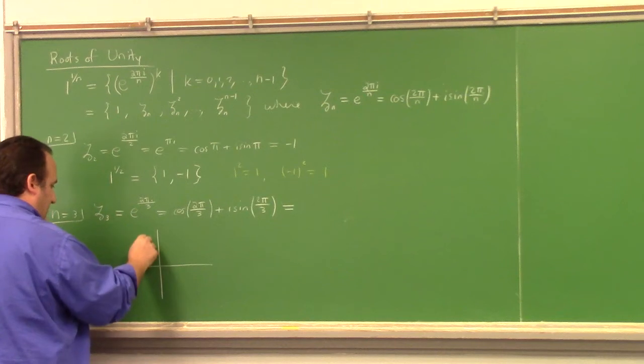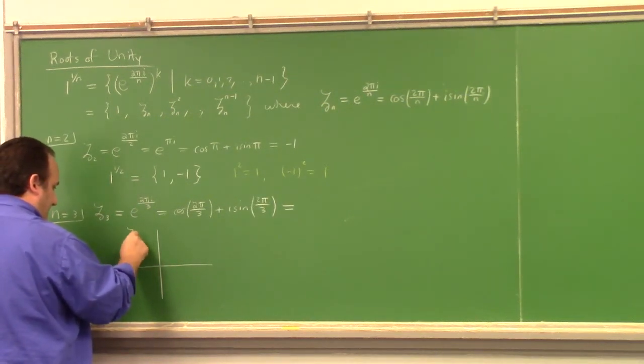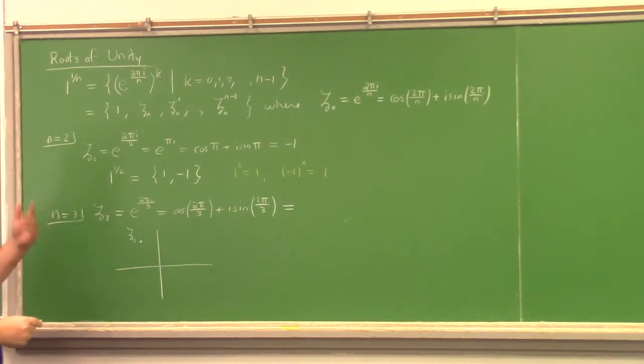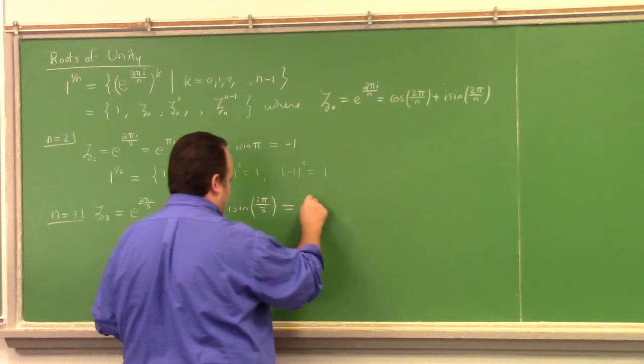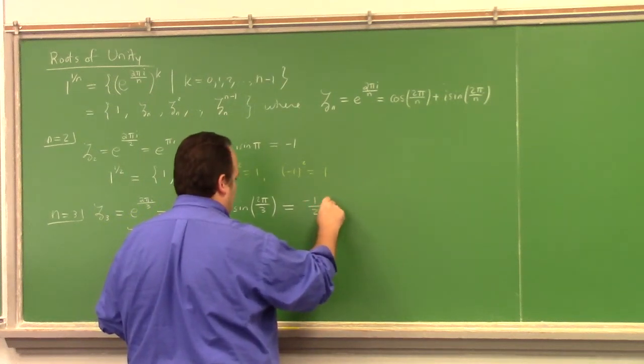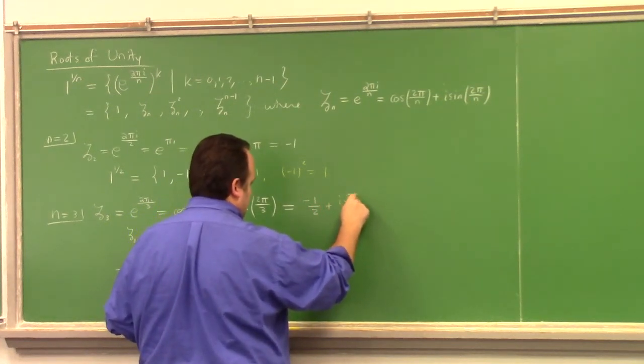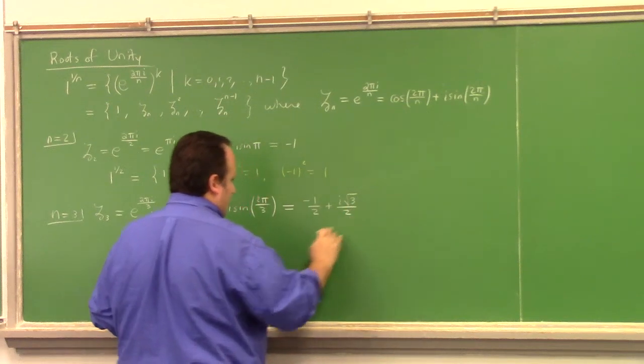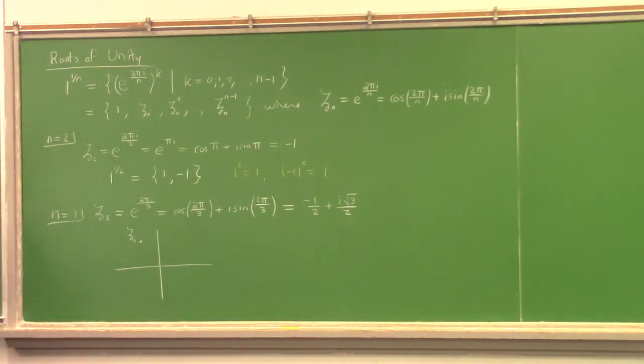It's like here-ish. I believe that's minus 1/2 plus I square root of 3 over 2 when you look at the values of that. All right? Well, that's the principal third root of unity.